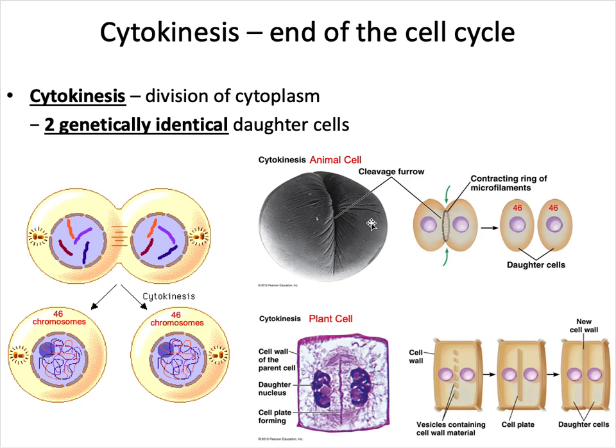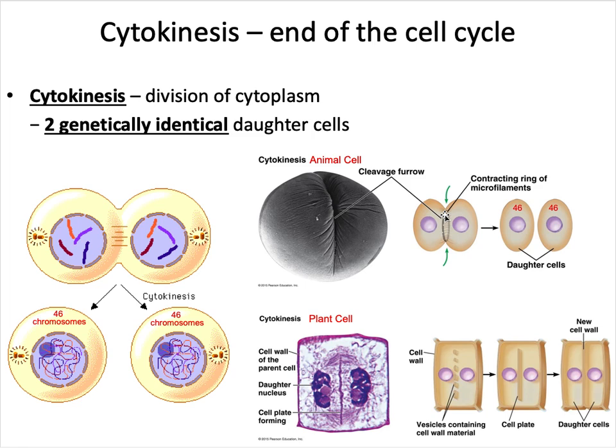And then this picture just explains a little bit more about the cleavage furrow. So the cleavage furrow is completing in cytokinesis. For cytokinesis in animal cells, we have the cleavage furrow, and the cleavage furrow is just a ring of microfilaments.